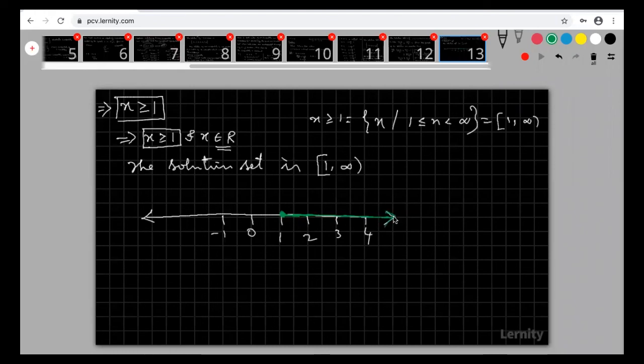This is my solution set, the graphical representation of the solution. Are you okay? Do you understand? 1 to infinity, including 1, x greater than or equal to 1. So therefore you include 1.